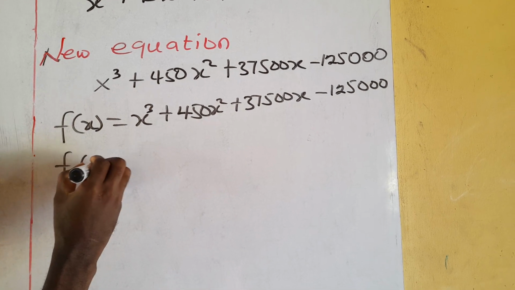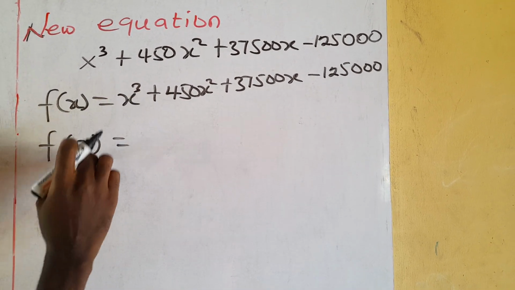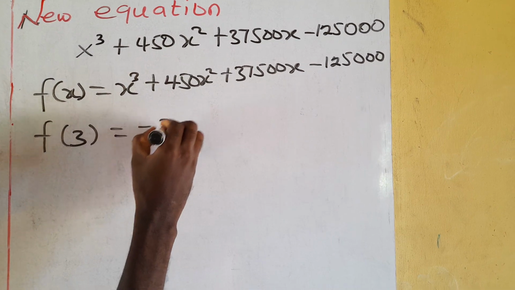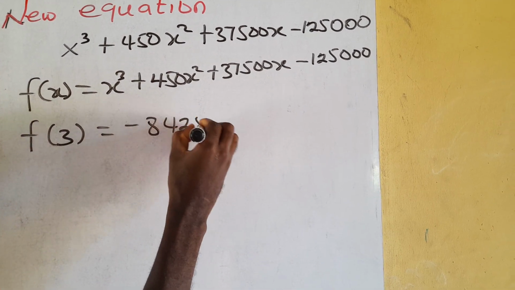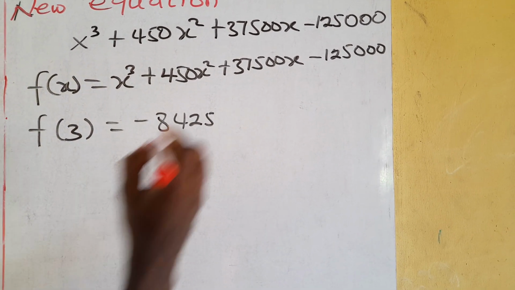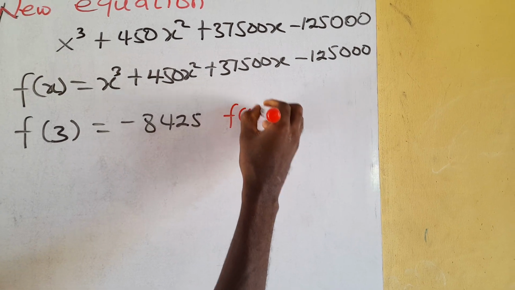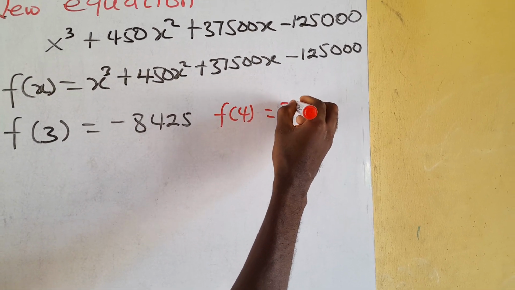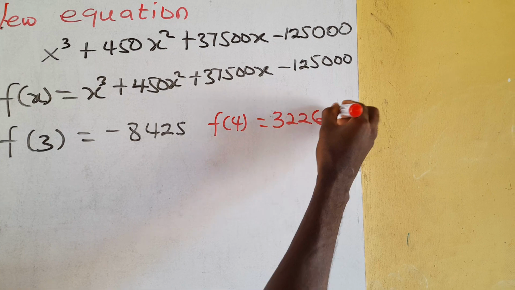So now we find f of 3. If you find f of 3 by substituting 3 here, you get negative 8425. And when you find f of 4 it will give you 32264.